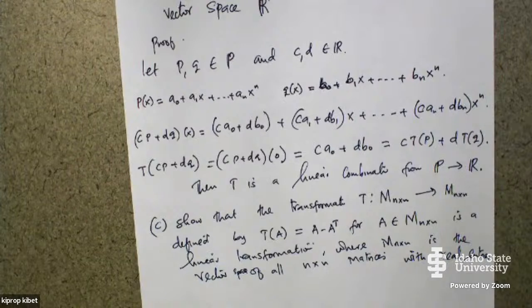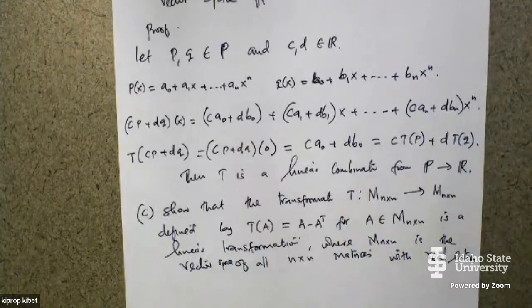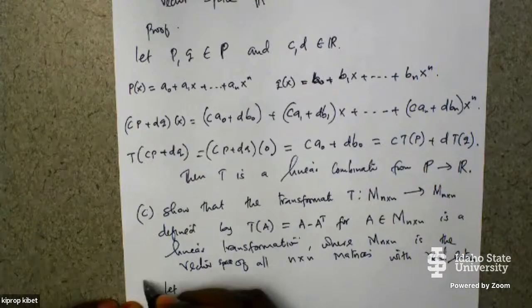So we need to show that. So this A is this. We want to show that it is a linear transformation. So simply what you need to do is the same way as what you've done there. So prove.